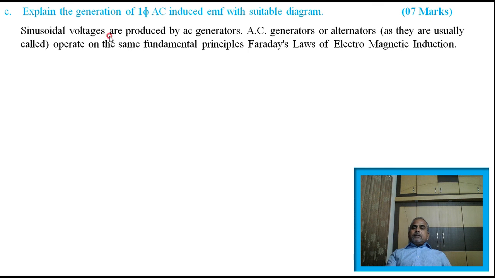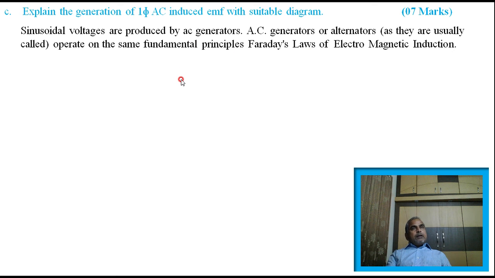The first statement I am writing here is: sinusoidal voltages are produced by the AC generator. AC voltage or current is produced by the AC generator. AC generators, also called alternators, operate on the same fundamental principle of Faraday's laws of electromagnetic induction.